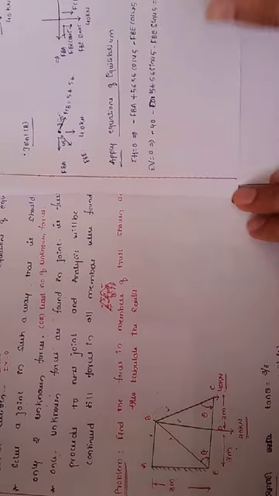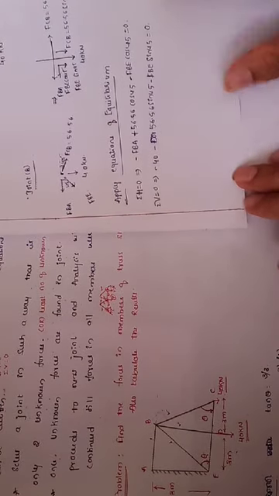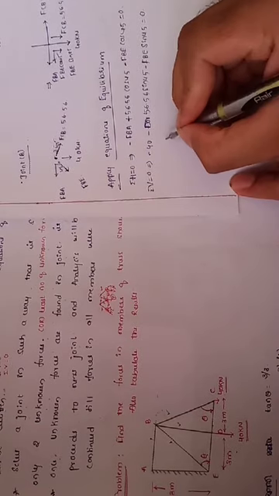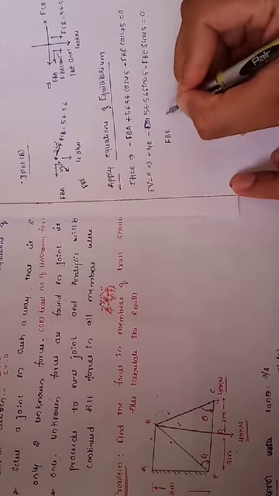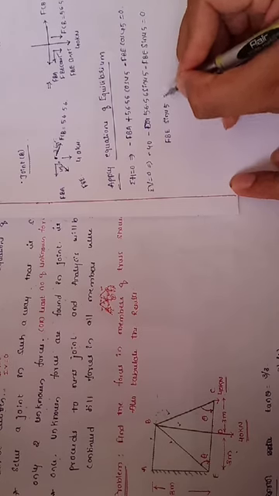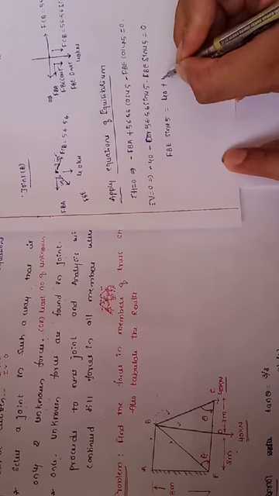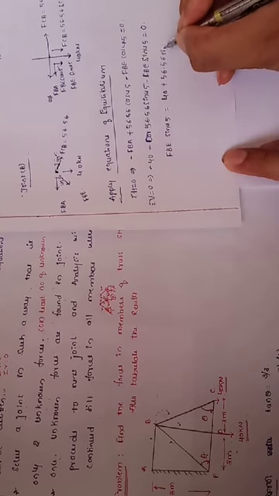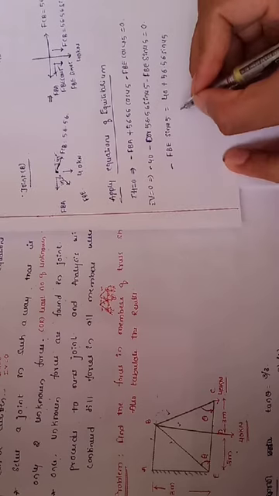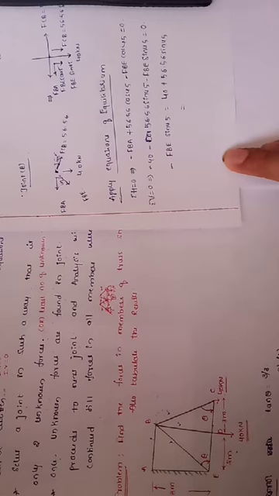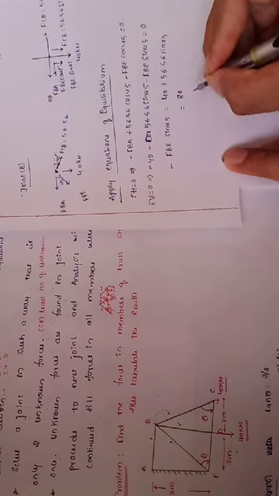So here, I can get FBE sine 45, which is equal to 40 plus 56.56 sine 45. So here this is minus 56.56 sine 45 plus 40, so that I am getting 70, so that will be 80.